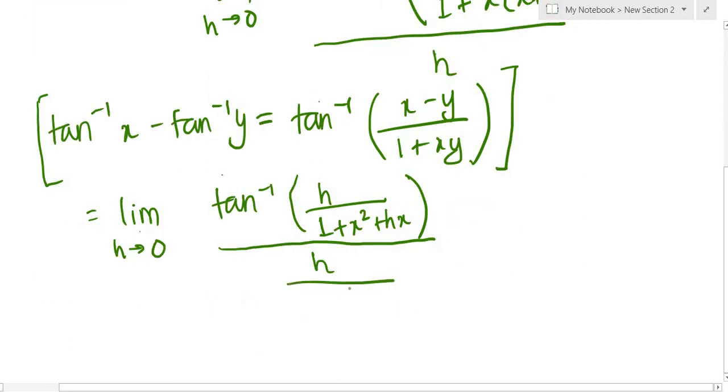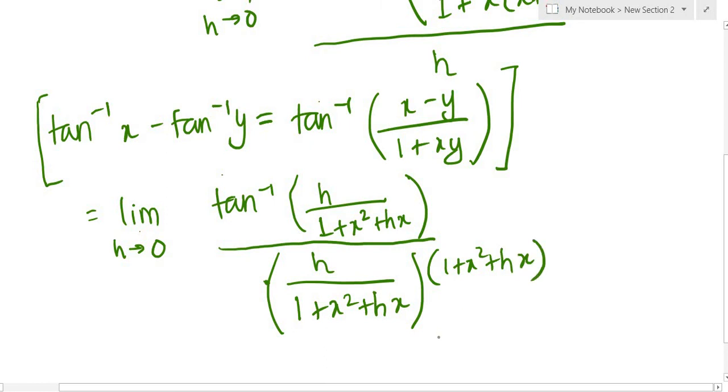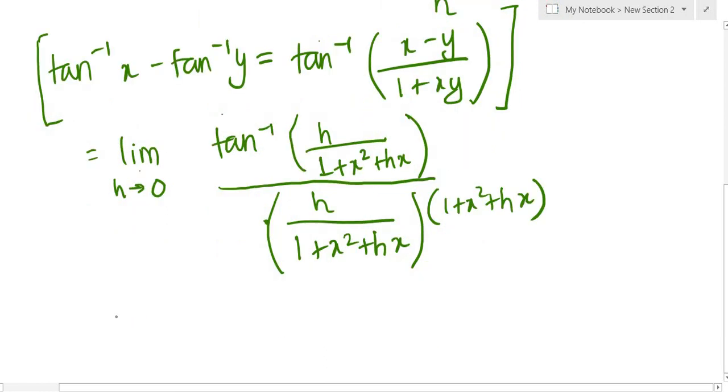Now, since I'm well versed with the limits on inverse trigonometric functions, I'll just multiply and divide by the denominator of the argument. So this thing times 1 plus x squared plus hx. And you might be like, why did I do that?